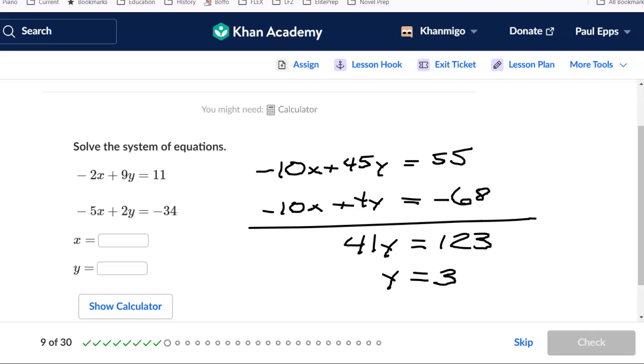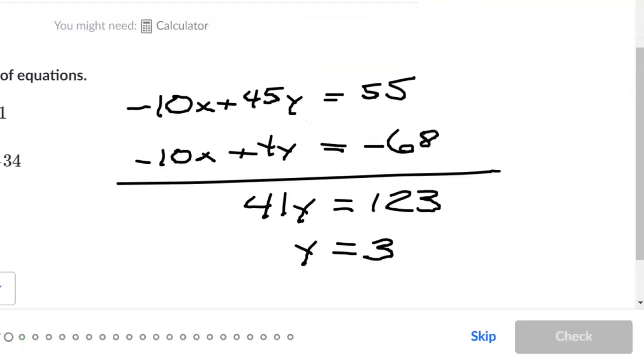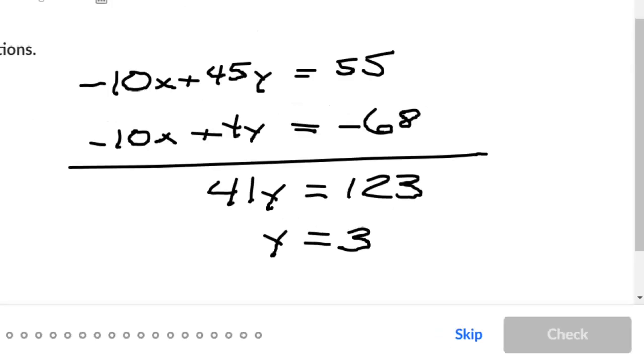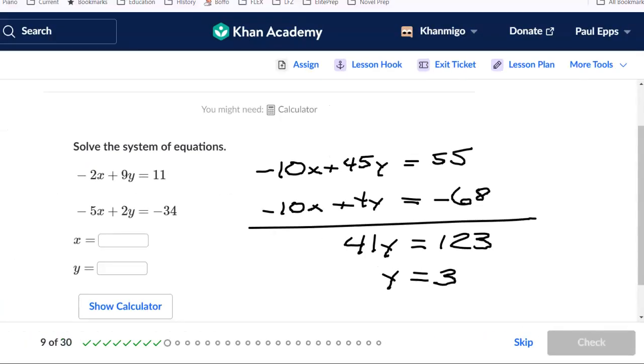Now we can solve for x. Just plug, whoa. Okay, hold on. It's like you barely touch this thing and it zooms. I hate that. Y equals 3. Which one would we like to plug this into?